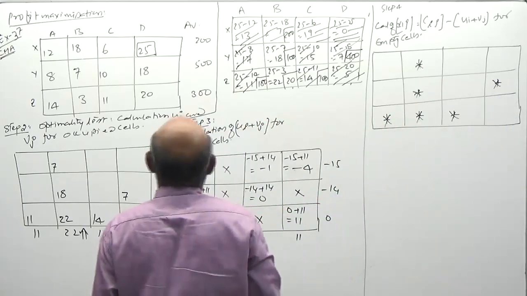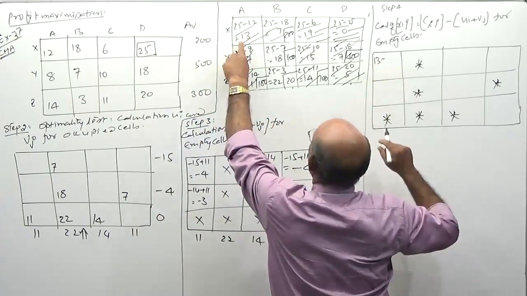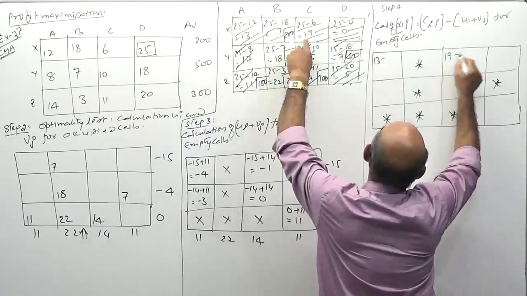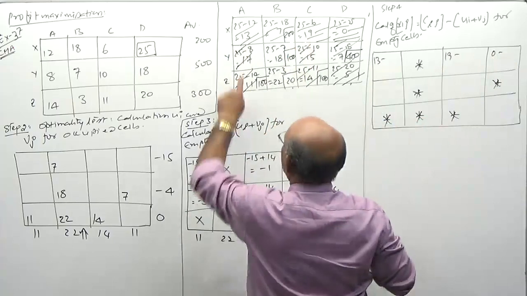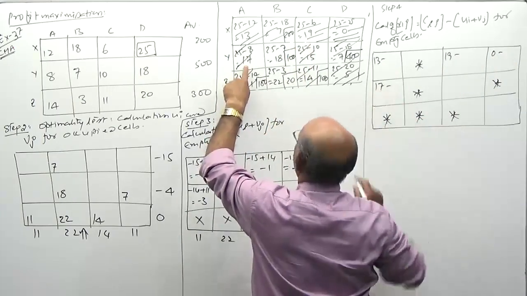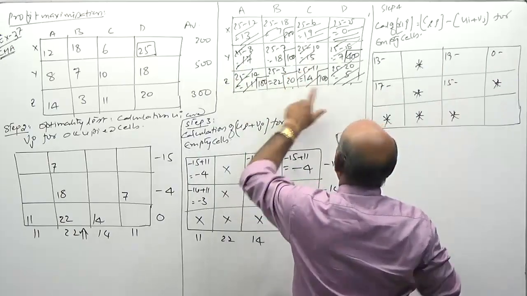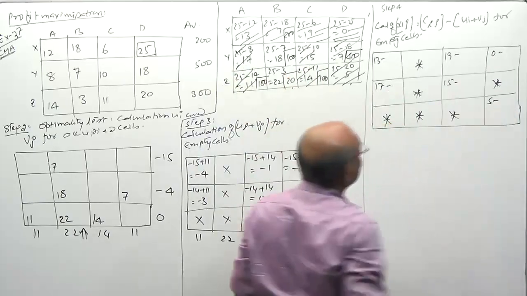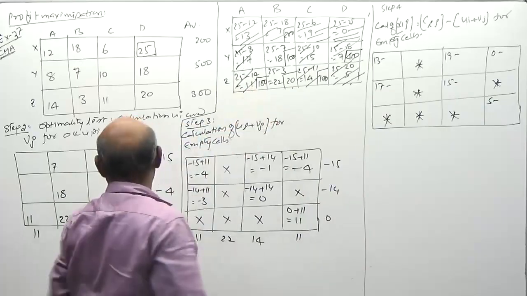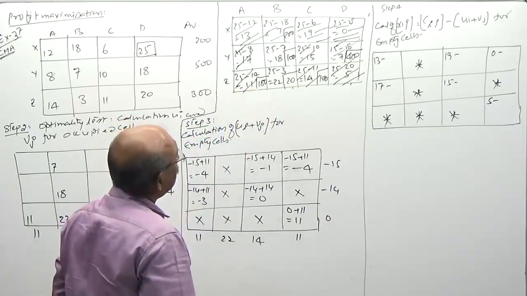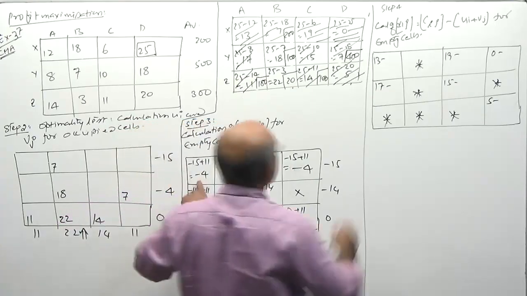Now, let's write the cost. 13 rupees minus 19 rupees minus 0 minus. Next 17 rupees minus 15 rupees minus 5 rupees minus. Cost is taken from this matrix. This is step 1. And Ui plus Vj values you have to take.